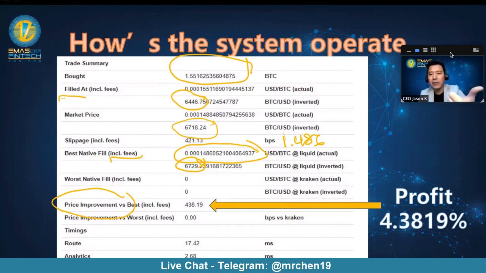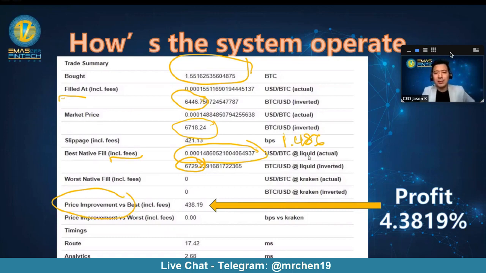Like forex, we have spread and commissions. But here, Emas Fintech, our super digital engine, is totally different. We will only execute the order when we have a profit. This is what we're doing.